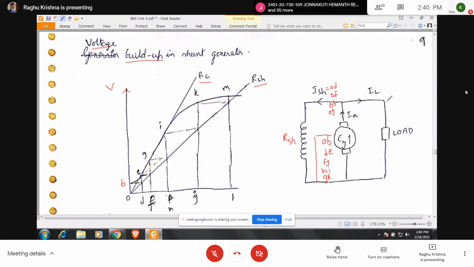In the lab, you are going to connect the resistors in parallel. Here you are going to have a switch. If you close the switch, the load will consume the power. You are going to have the loads like this.